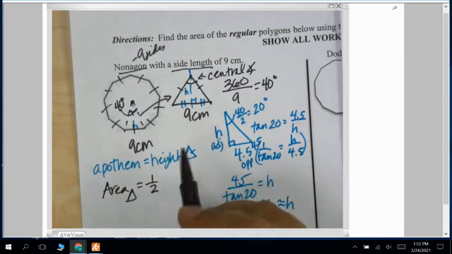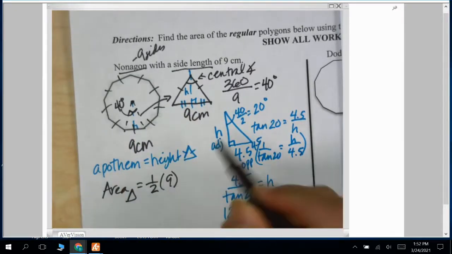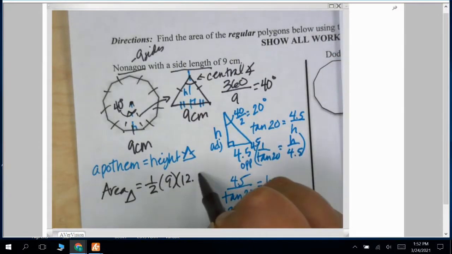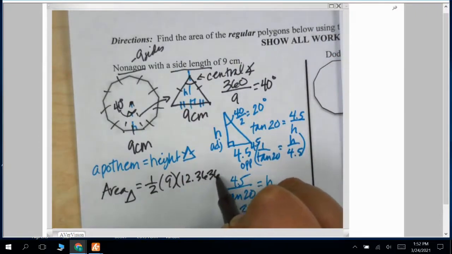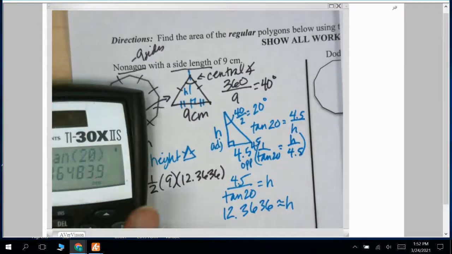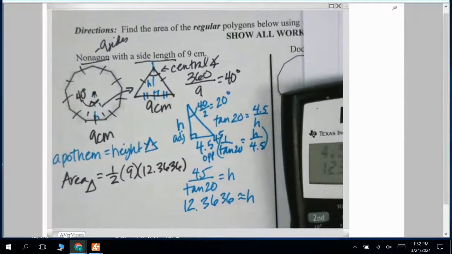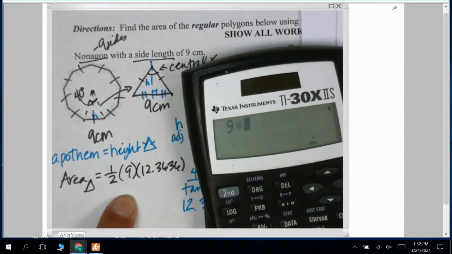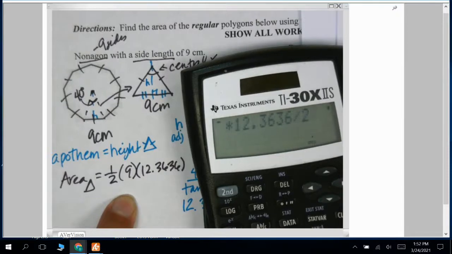My base is actually 9, times the height, which is 12.3636. And I want to put that in my calculator to calculate the area of that triangle. So I can simply do 9 times 12.3636 divided by 2.